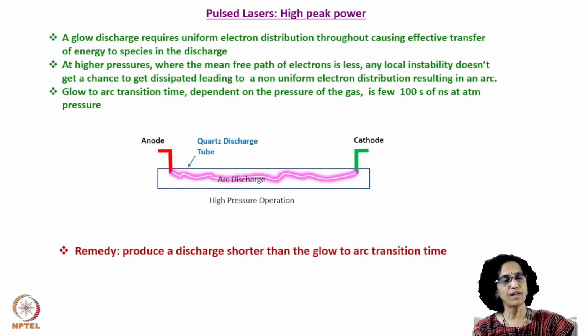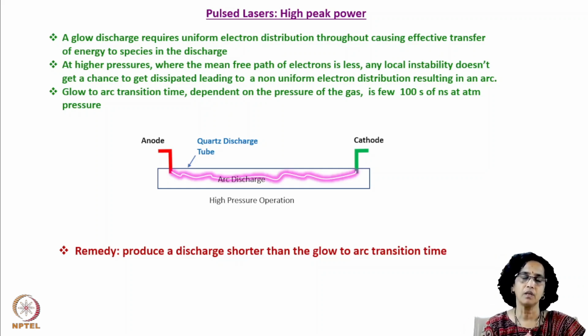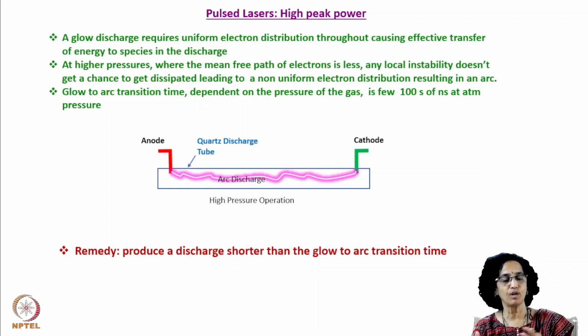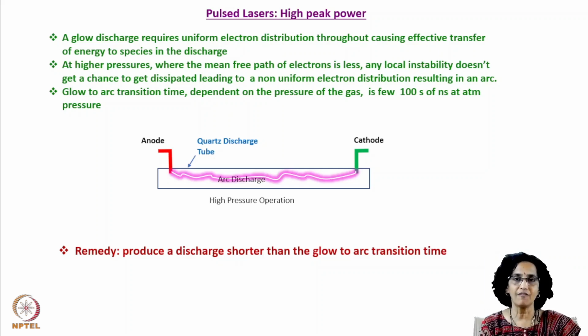We are replenishing the gas mixture in the cavity very fast, so that newer and newer gas mixture comes into the system, and you can pump it harder and try to get more output. So these were the ways: fast axial flow, transverse flow, or large cavity lengths, segmented discharges, V-shaped cavities, etc. were part of that.